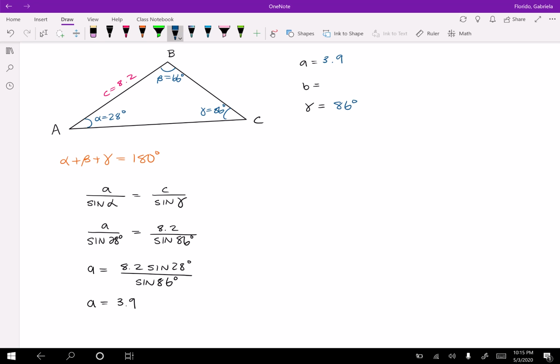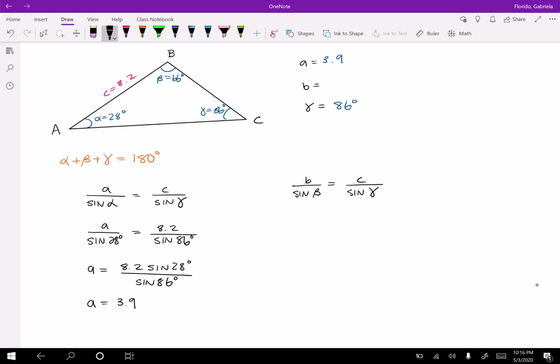Now I'm going to go ahead and do the same thing to find b. So I have b over sine of beta this time is equal to c over sine of gamma. And I didn't have to use c over sine of gamma. I could have used the other ratio that we found, a over sine of alpha.